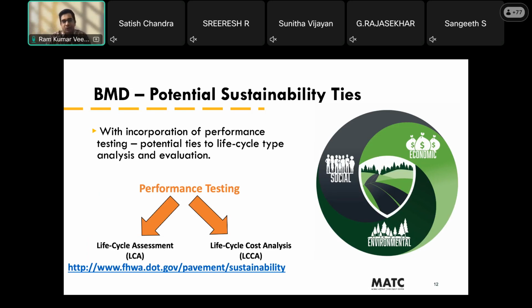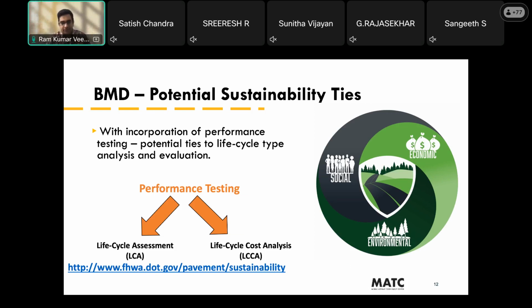What I mean by that is this method evaluates the environmental impacts of a product or process over its entire life cycle, from raw material extraction to end of life disposal to the design life. So BMD helps to optimize materials and processes to minimize the environmental impact.